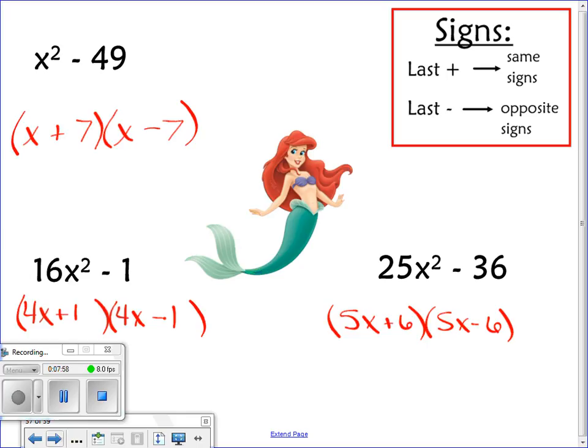So if we go to check these, what's 6 times 5x? 30x. What's 5x times negative 6? So the fact that there's an x on there, does it make a difference? Because it cancels out, goes away. So that middle term is always going to vanish on you.